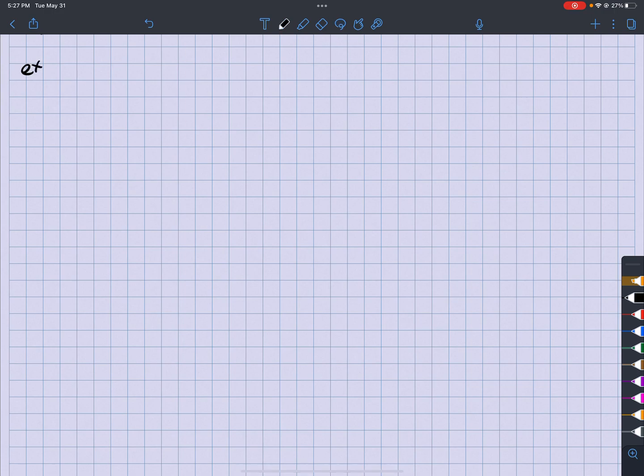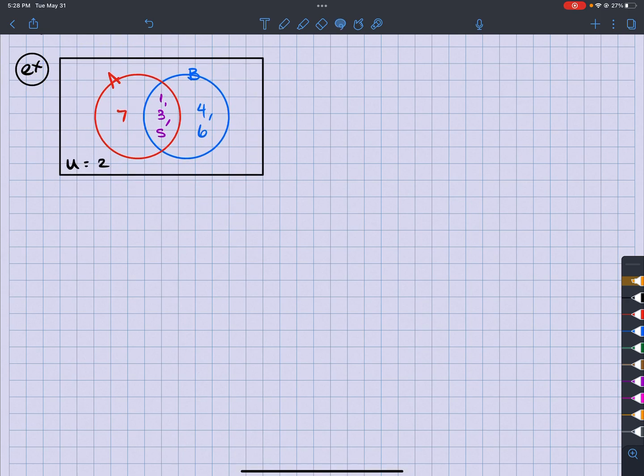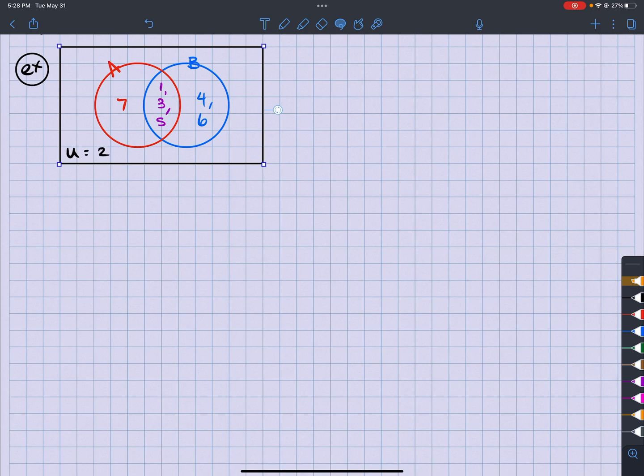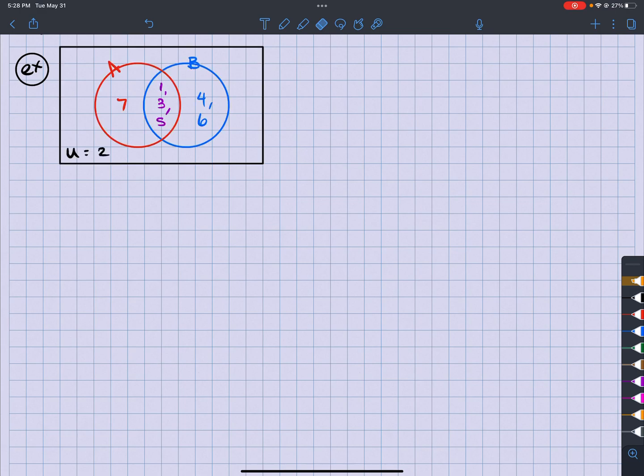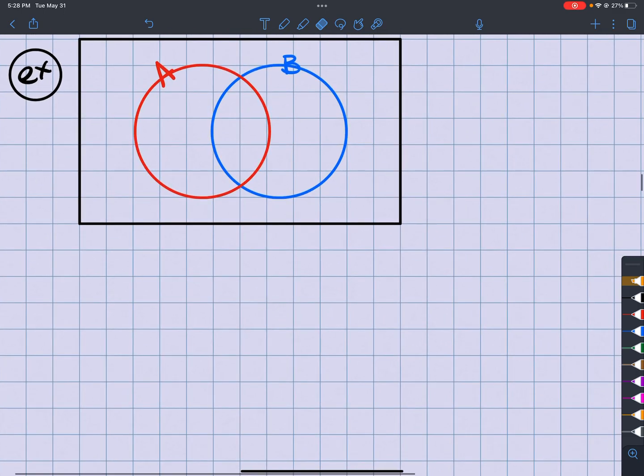So let's say that I'm given this Venn diagram here, but I gotta erase everything. Okay, because we gotta be able to read a Venn diagram as well.